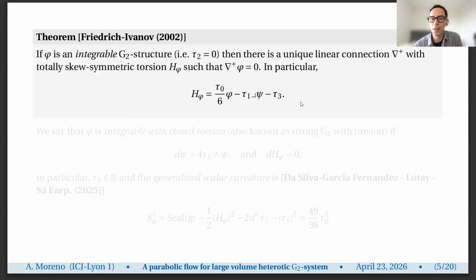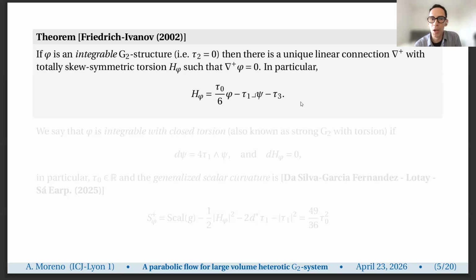The class that we are interested in today is the class of integrable G2 structures, which means that the torsion form tau2 vanishes. And as I said before, one geometric property of this torsion class is that there is a unique linear connection we call Nabla-Plus with totally skew-symmetric torsion that makes the G2 structure parallel.